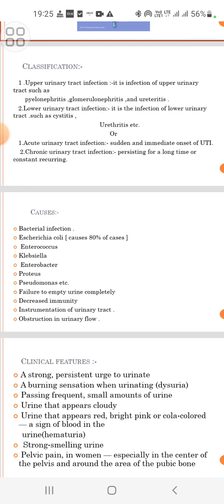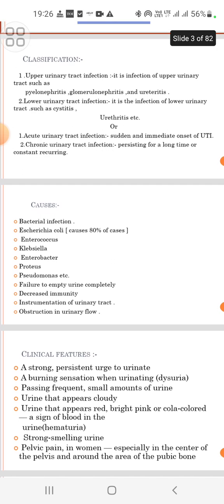Now we'll see what symptoms we see in UTI. A strong persistent urge to urinate. Generally it does not happen like this; when the bladder gets full, around 150 or 200 ml of urine, after that the person has the desire to pass urine.